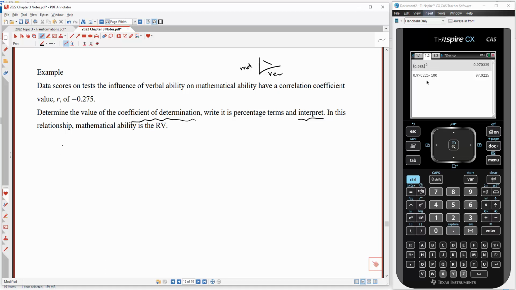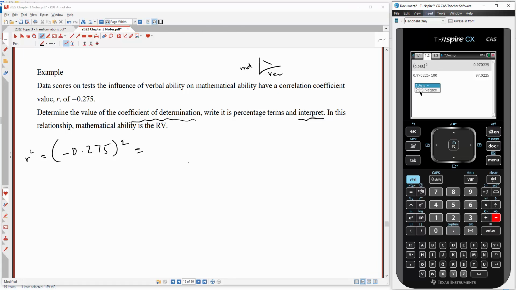Just like last time, write down R squared equals negative 0.275 squared. We'll go to our calculator, and I'm going to show you something about brackets and why I've been bracketing this.